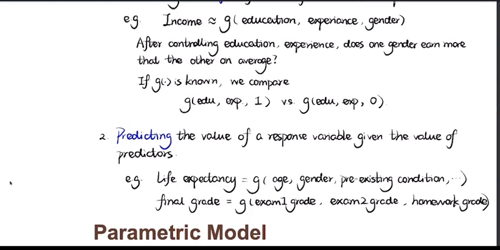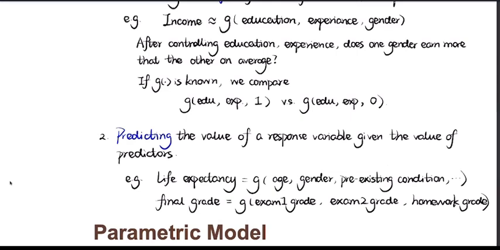So I need to first study the relationship. When a relationship exists and some other assumptions hold, I can use the model to make a prediction. If I know somebody's years of education, years of experience, and whether it's a male or female, I can come out with a reasonable prediction for the income.